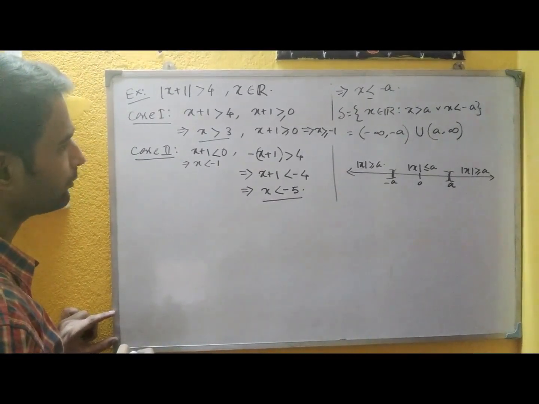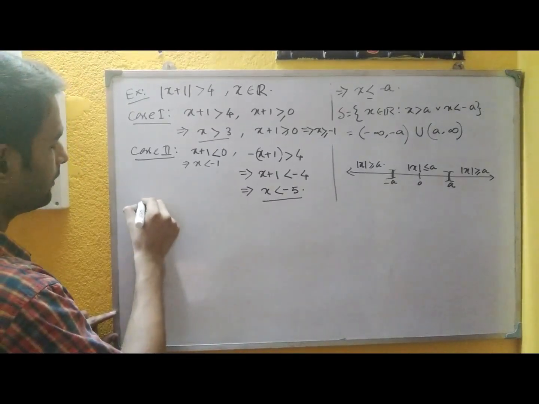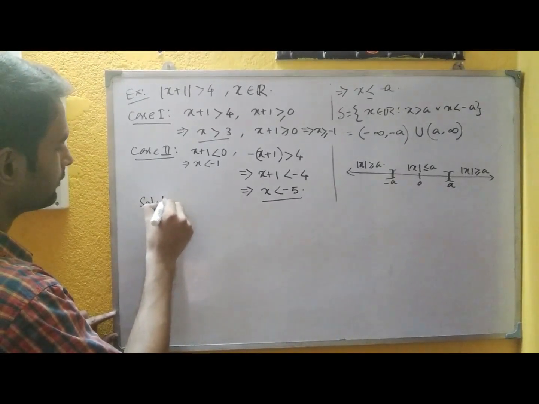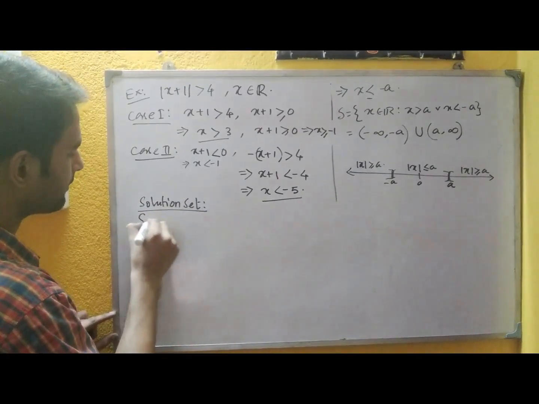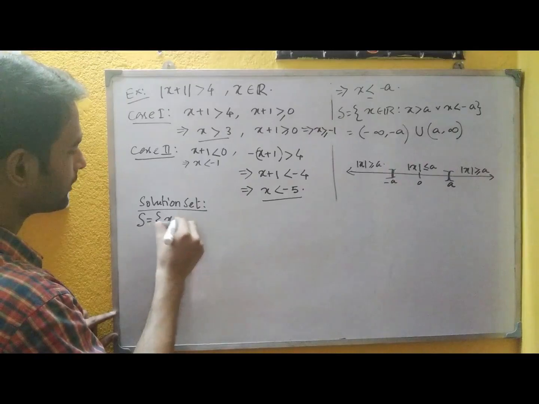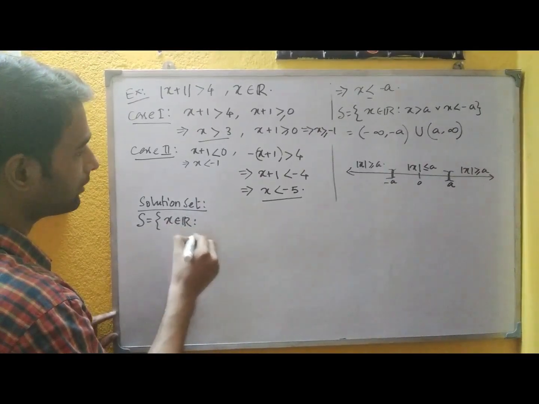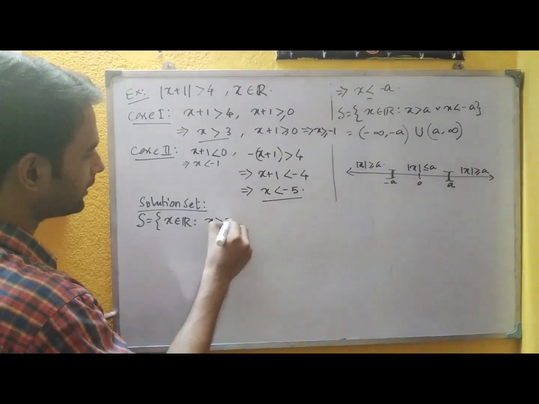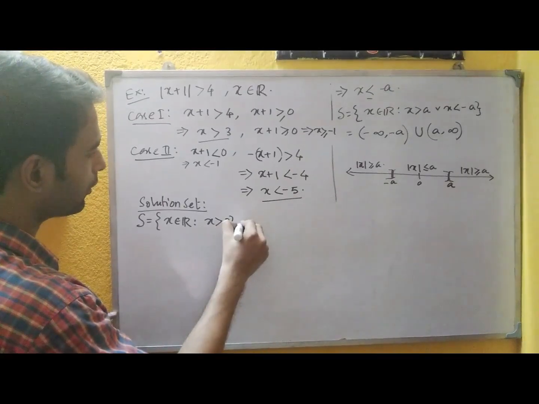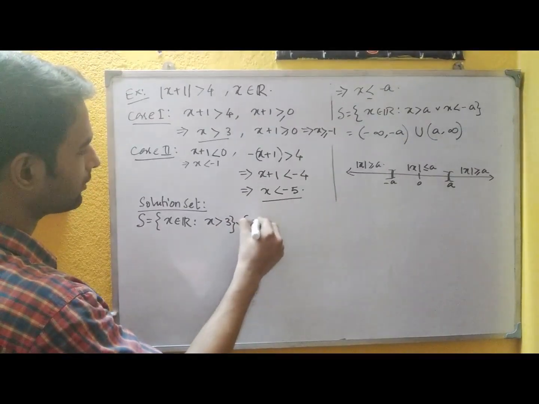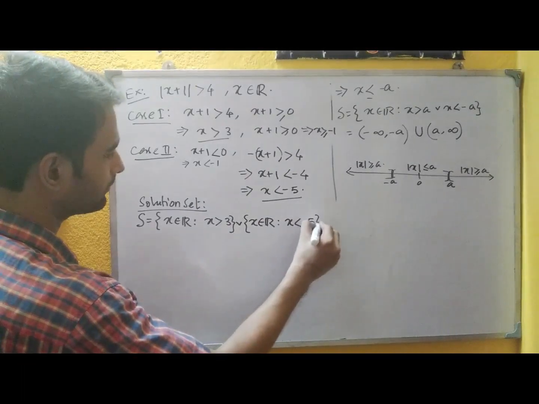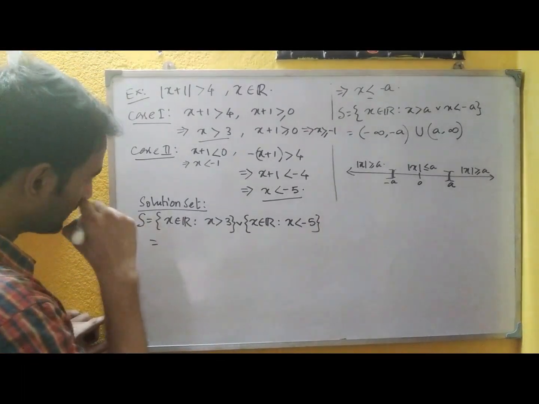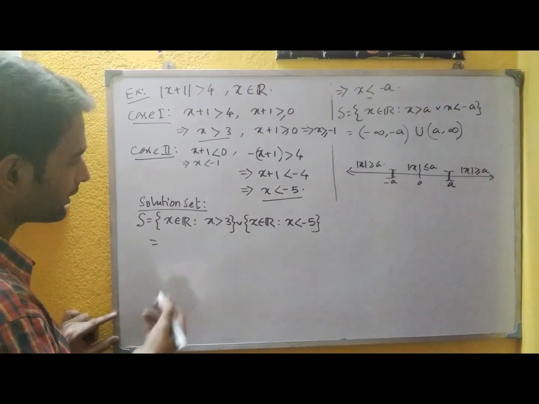So what should be the solution set? We are getting the solution set as the collection of all real numbers which are greater than 3, or the collection of all real numbers which are less than minus 5. In both the cases, these are open rays.